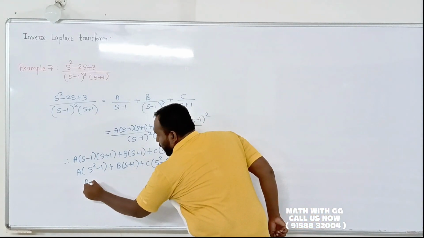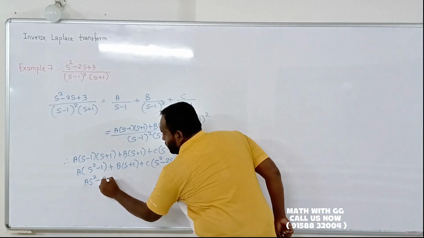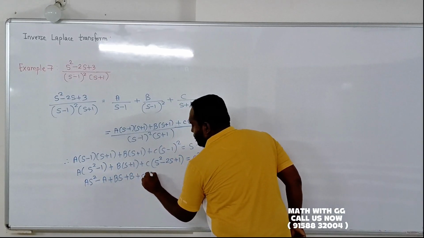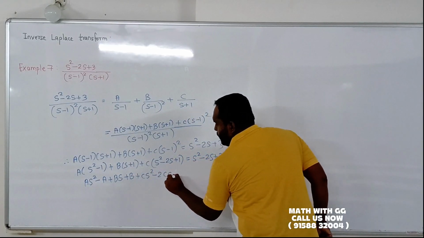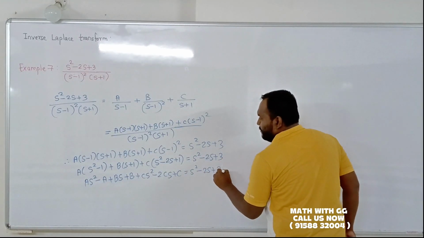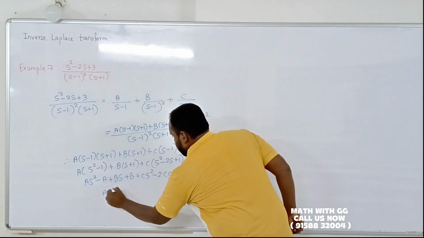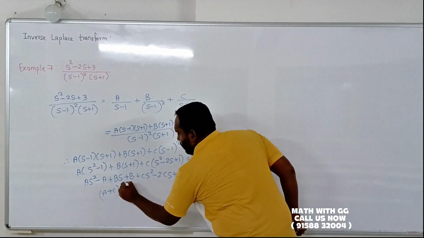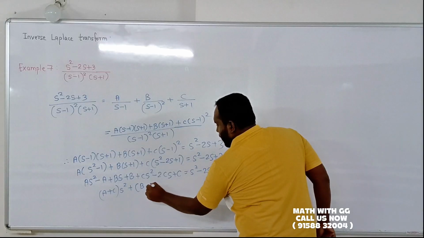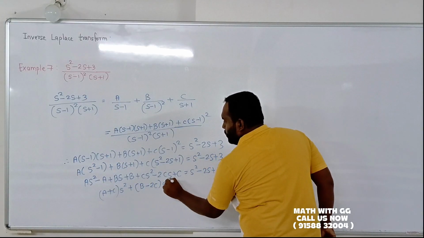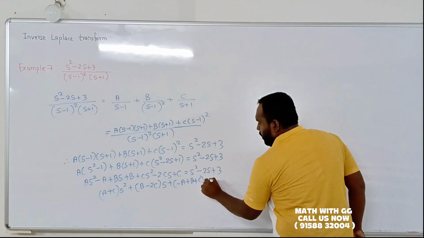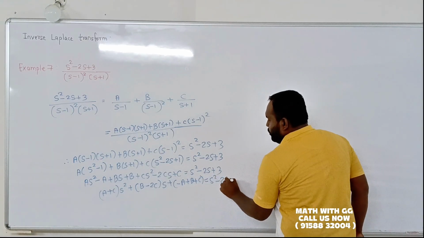So As² − A + Bs + B + Cs² − 2Cs + C equal to s² − 2s + 3. So (A + C)s² + (B − 2C)s + (−A + B + C) equal to s² − 2s + 3.